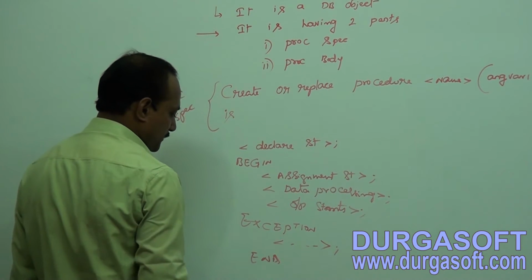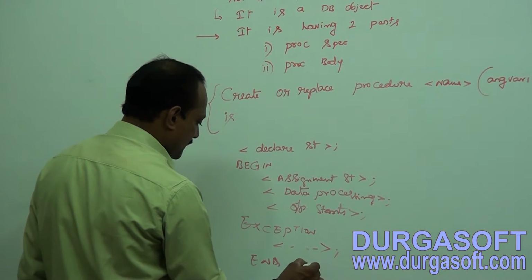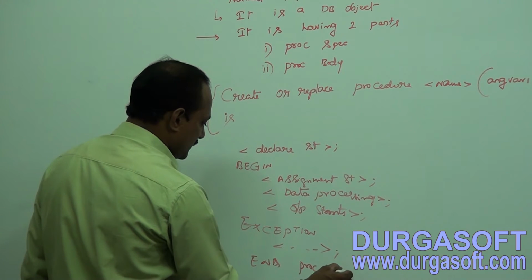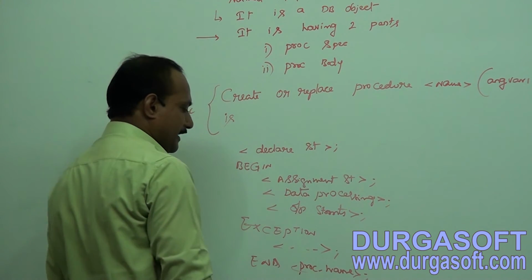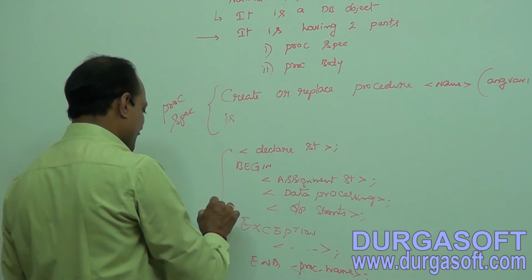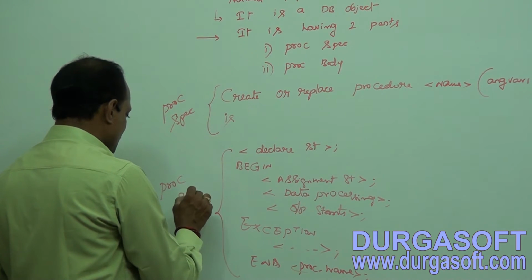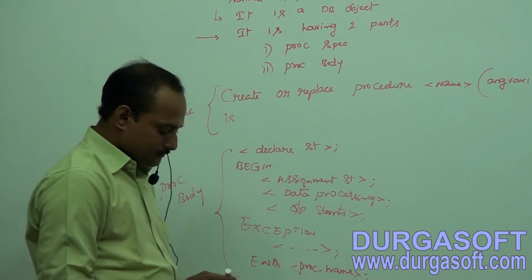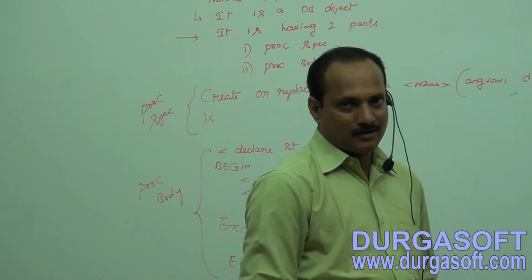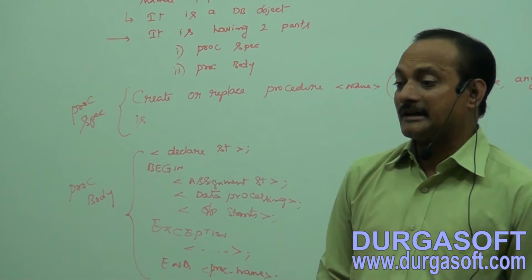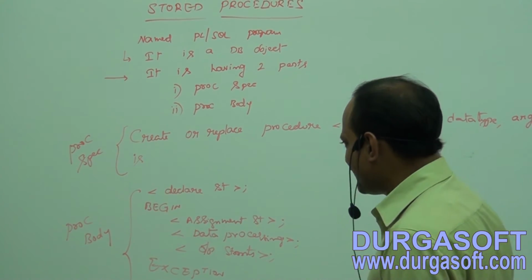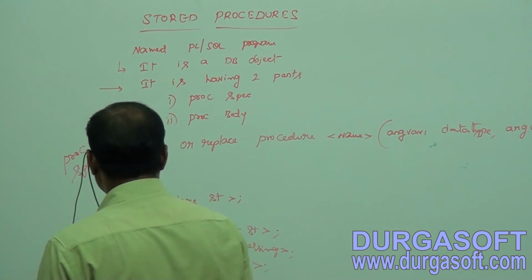At the end of the procedure, specify end and the procedure name. That's it. This part is called the procedure body. Simply I can say the procedure body is the procedure functionality, in which way the procedure is executing.